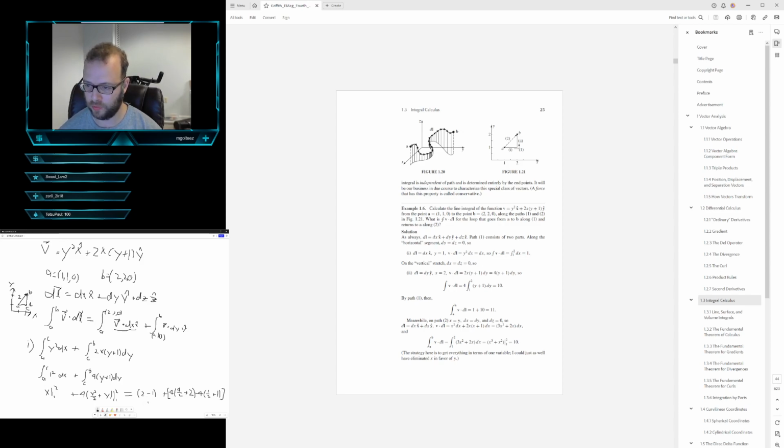So this is equal to 1, plus 16 minus a half plus 1, 3 halves, times 4, which is 6. So 1 plus 10 equals 11. All right. So that's part 1.